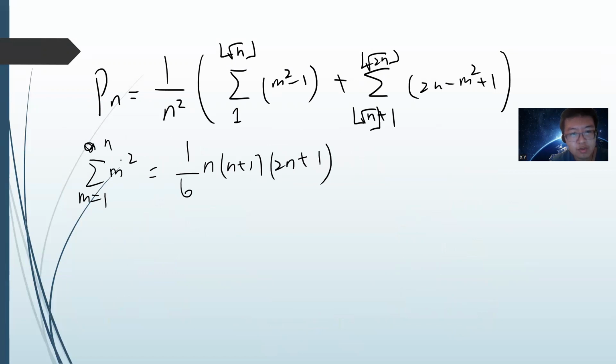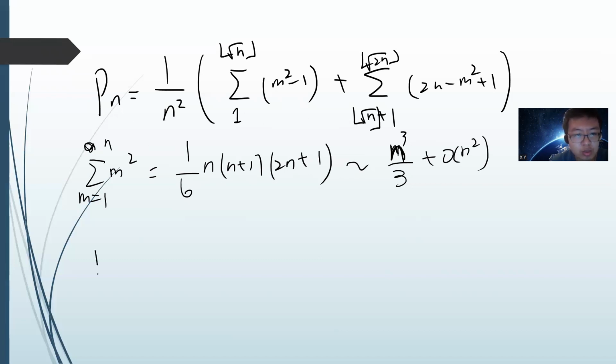If n is large enough, the first component will be about n cubed divided by 3.